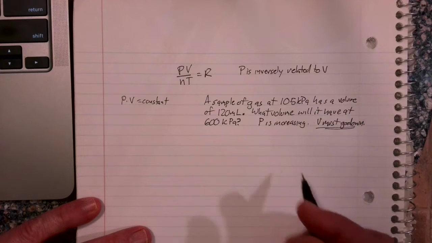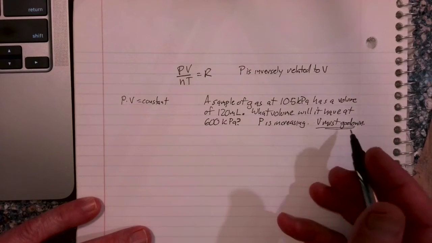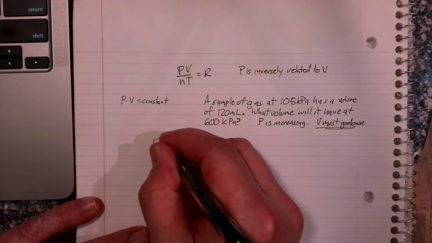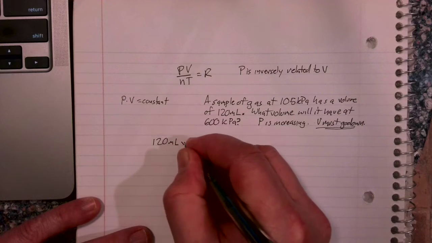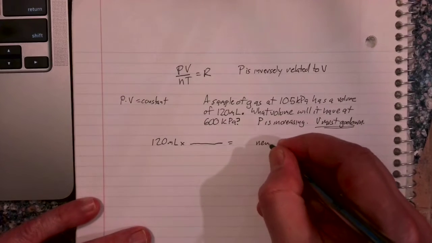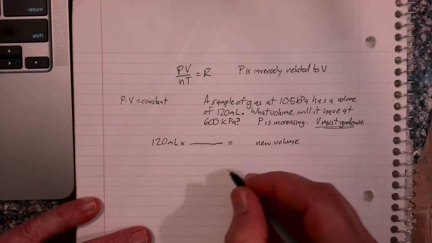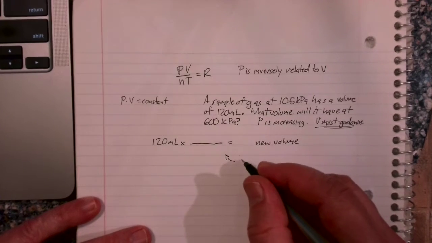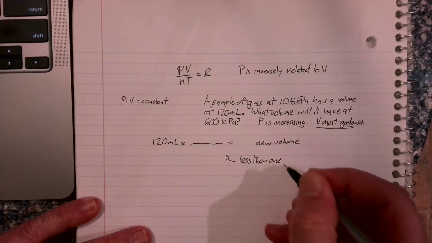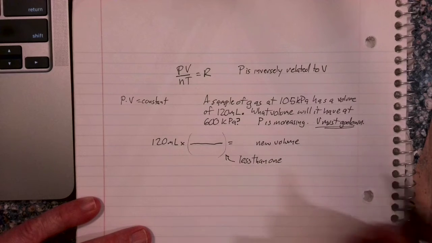So the volume must go down, and that means we could do this as a factor label problem. We have 120 milliliters times some fraction equals the new volume. We know this fraction has to be less than 1, because when you multiply by it, it makes a smaller volume.